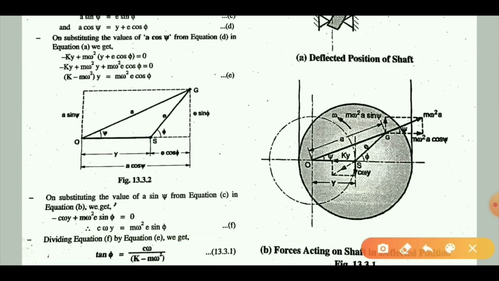This is our centrifugal force, this is our damping force c omega y, and this is the Ky, which is the restoring force, also called the spring or stiffness force.